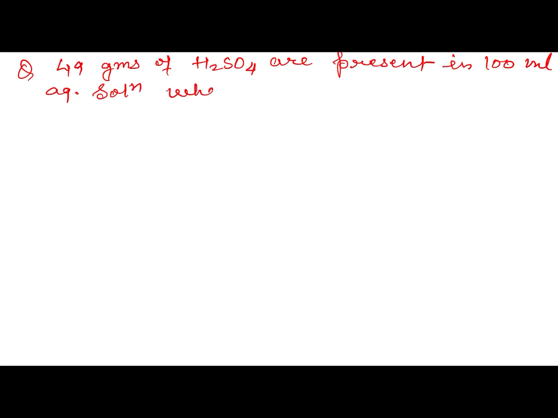So what is the molarity of sulfuric acid? I repeat this question. 49 grams of sulfuric acid are present in 100 ml aqueous solution. So what will be the molarity of sulfuric acid?